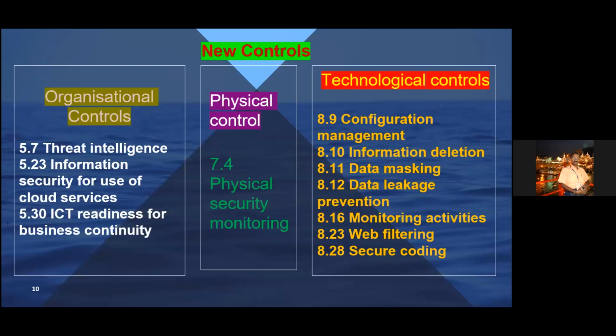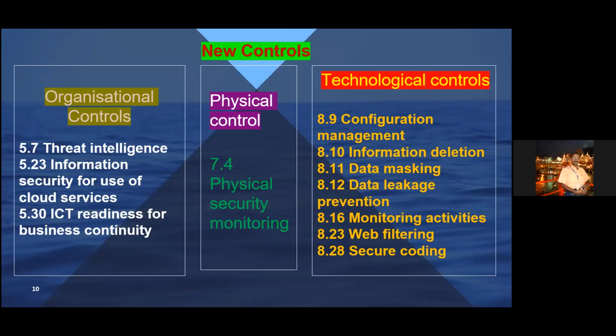In the technology area, there are 7 new controls: configuration management, information deletion, data masking, data leakage prevention, monitoring of activities with respect to the complete technology area, then web filtering and secure coding.